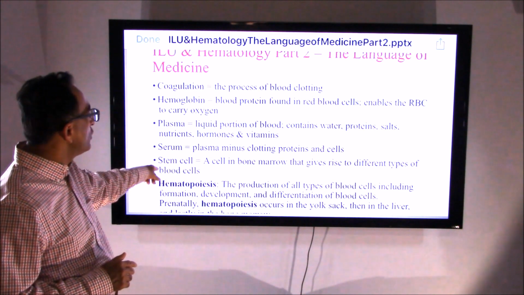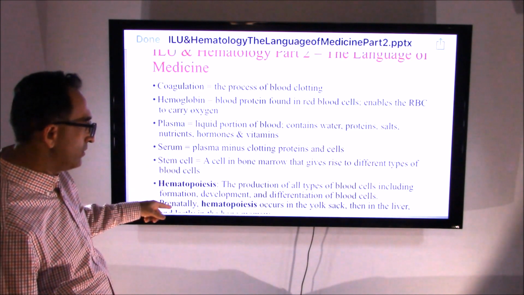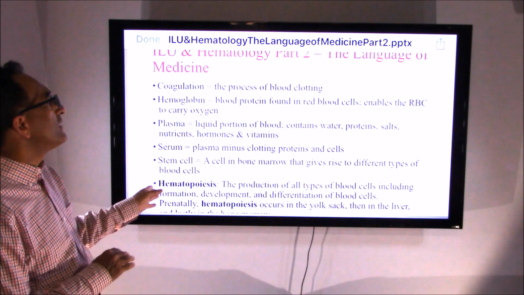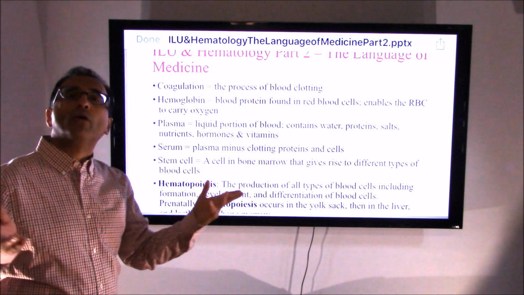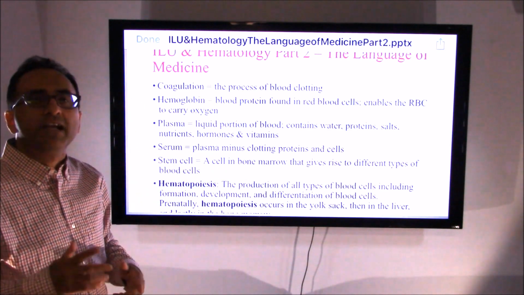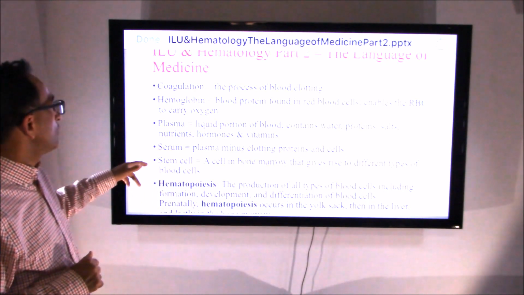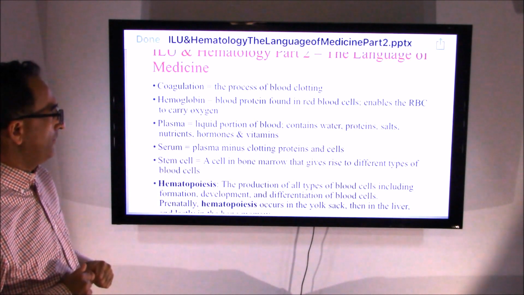It is the starting point of the formation of the cell that happens in the bone marrow. Okay? They go through the process of differentiation and maturation, and that ultimately leads to what we call red blood cells, white blood cells, thrombocytes. So that is the stem cell.